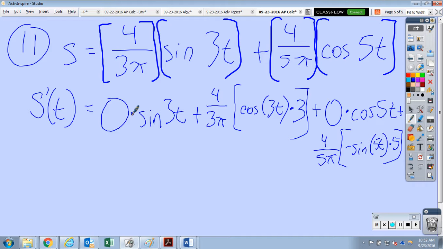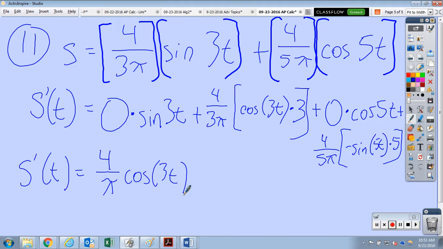No. I'm going to clean it up, of course, and simplify it. So here we go. S prime of t would be equal to, this is nothing, plus this guy, the 3. I notice I can move the 3 over here, and I get 4 over pi cosine of 3t.